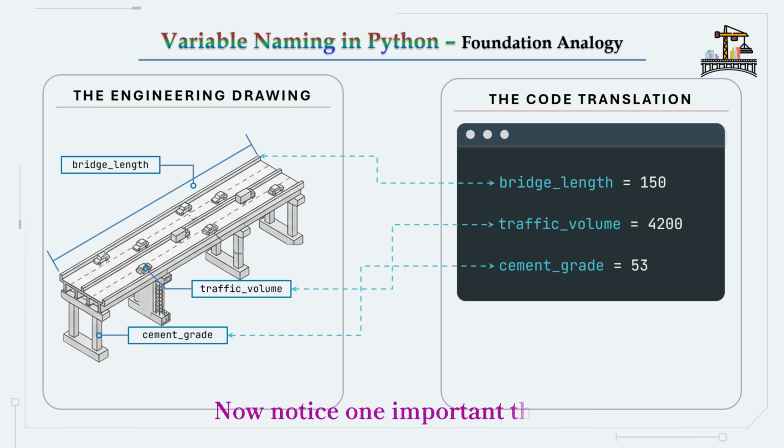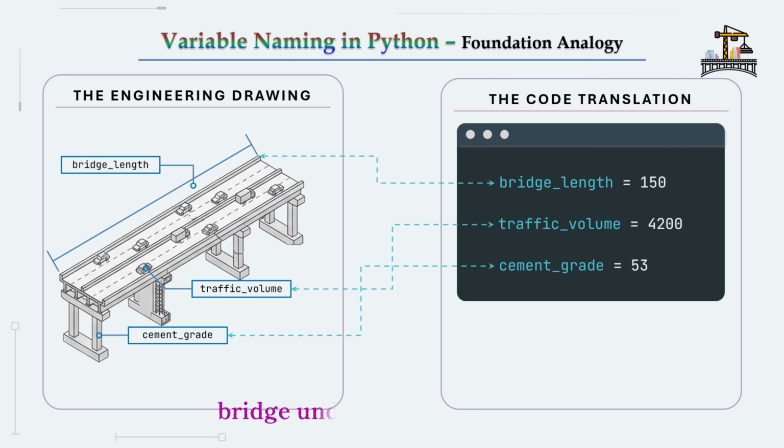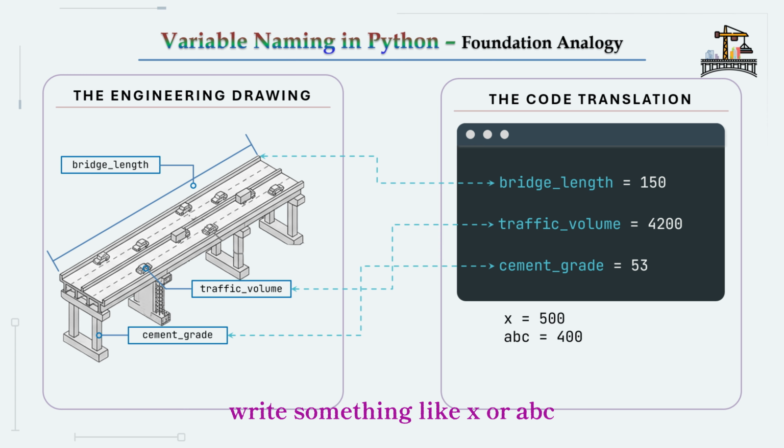Now notice one important thing, that the variable names are meaningful. Just by reading the names, we can understand what data is stored. Now imagine, instead of writing bridge_length, if we write something like X or ABC, will the code be easy to understand?